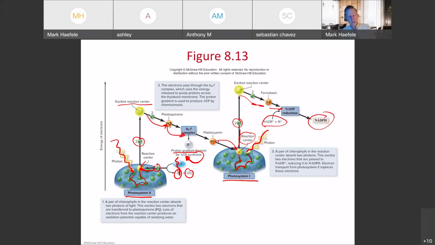So ultimately, the electrons trace their pathway from water to photosystem II, through the electron transport chain to photosystem I, then to ferredoxin, and then into NADPH.